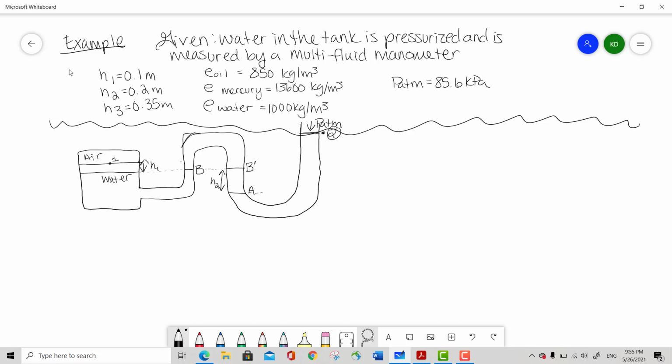Okay, and then we know that this is the same. This will be A prime. And this, okay, this is H3. Okay, and so you can solve this either way that you want.